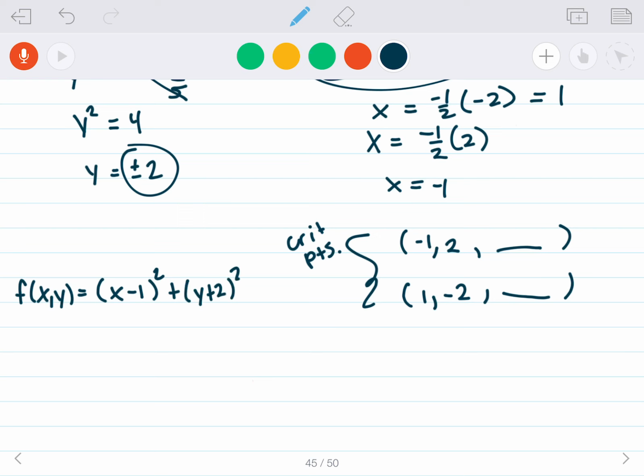So if I do f of negative 1, 2, I get negative 1 minus 1 squared plus 2 squared. So that's 4 plus 4 squared, which is 16. So that's 20.